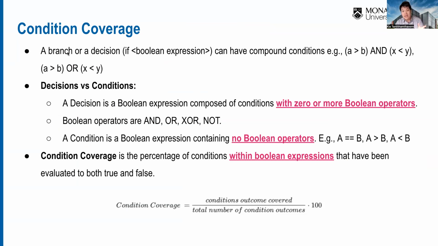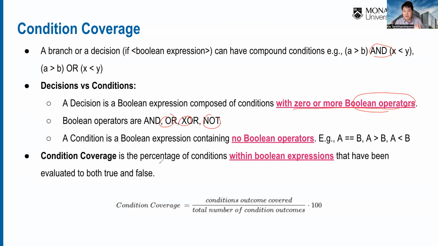Normally when we talk about the branch or the decision, it is anything inside the Boolean expression inside the if statement. And the Boolean expression here can have compound conditions. Compound conditions are when there are 0 or more Boolean operators here, for example, and, or, xor, not, that kind of thing. Then in this case, there are so many conditions now, so we need to measure condition coverage as well.